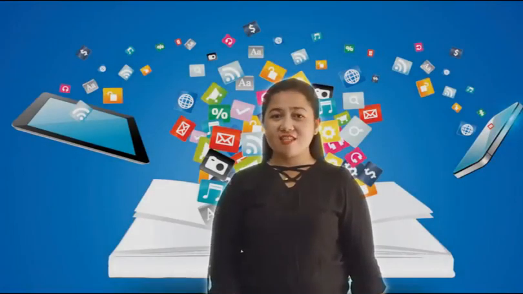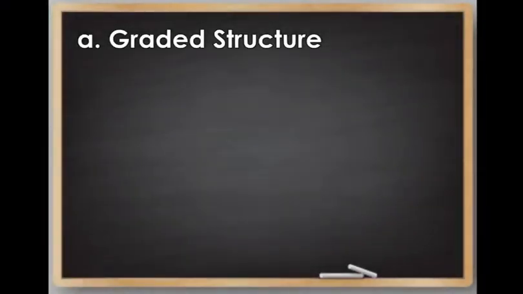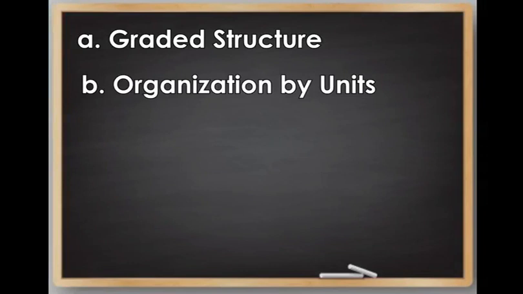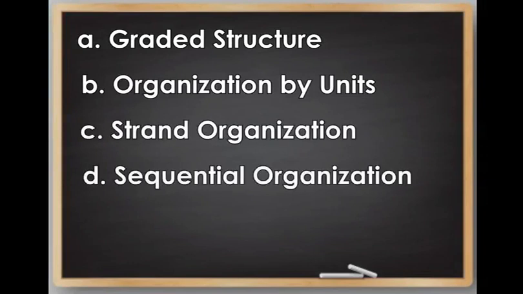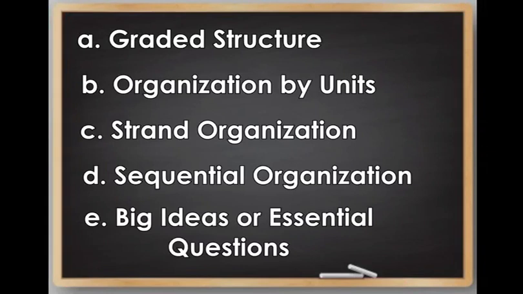As objectives are selected and written, they should be organized in an orderly fashion. This order can be achieved in numerous ways: by grade, by strands, in units, in sequential levels of instruction, through essential questions, or through some combinations of these.